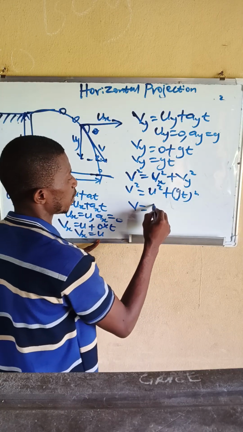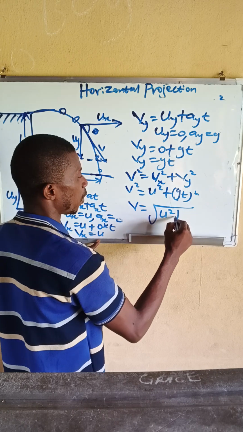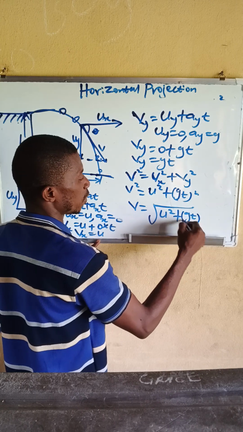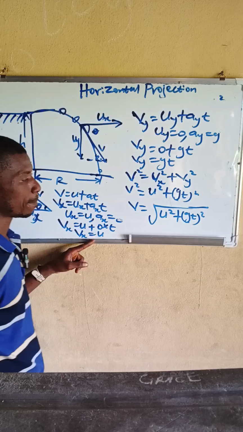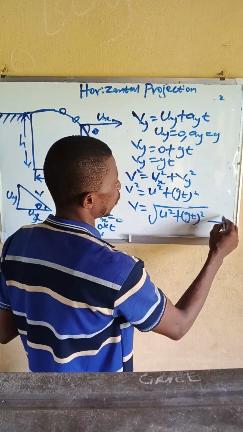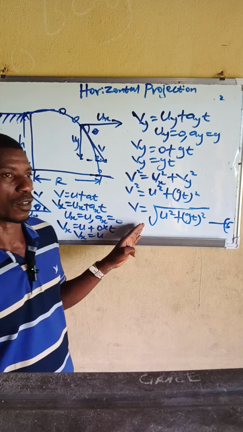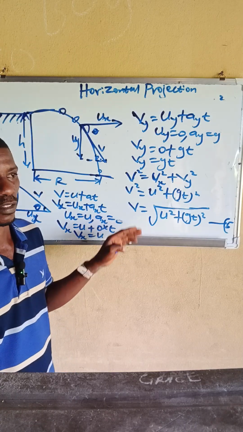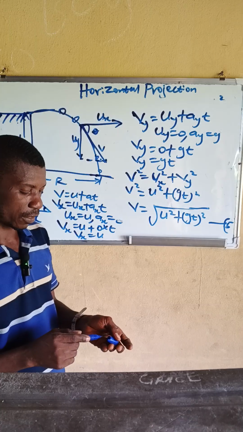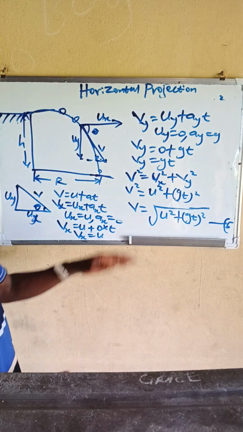This is equation 5, the magnitude of the velocity.